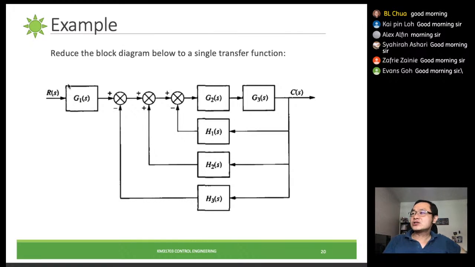So let's go through these examples. We have 3 summing junctions, and then this branches into here, then it branches, right? And there are multiple blocks, so we have G as the so-called feed forward transfer functions, then H as the feedback transfer functions.